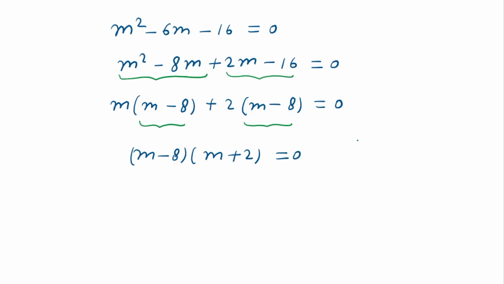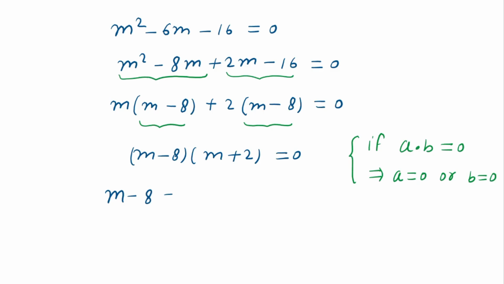Now if we apply this rule, if a times b is equal to 0, this implies a = 0 or b = 0. Applying this rule, m − 8 = 0 or m + 2 = 0.